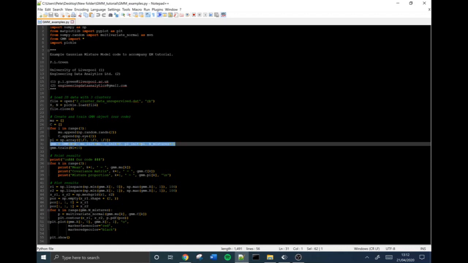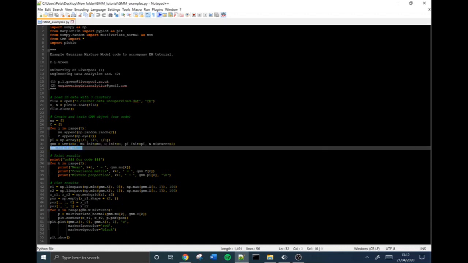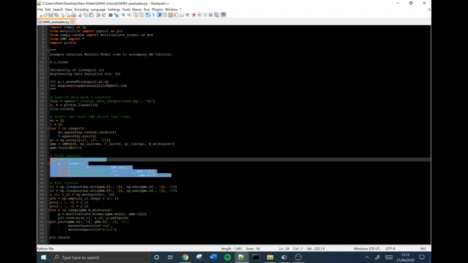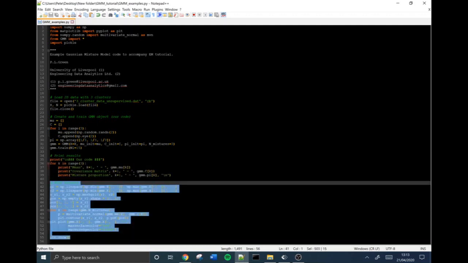In this case we're looking for 3 clusters. And then we train the algorithm, we run the EM algorithm. Here ni specifies the number of iterations of EM that we're going to go through. So let's say I'll just change that to 15. It will then print some results and then plot some pictures.